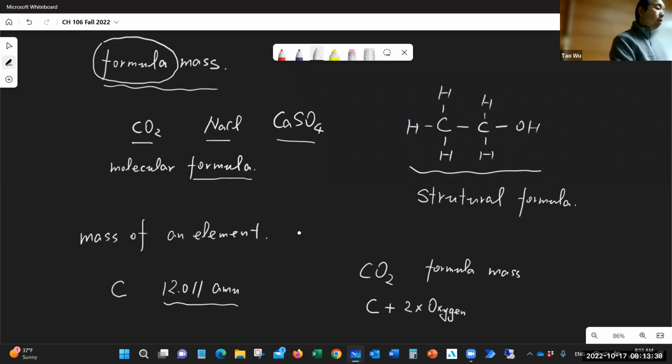So the mass of this CO2 formula is just 1 carbon plus 2 times oxygen.